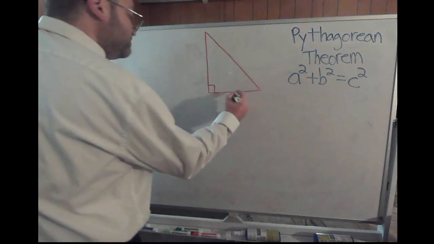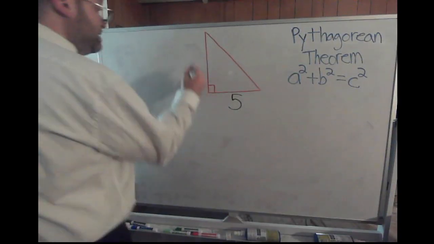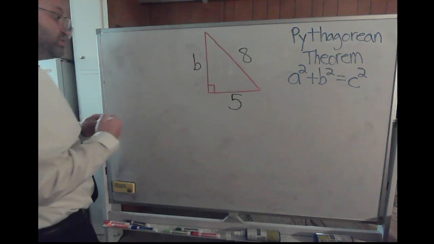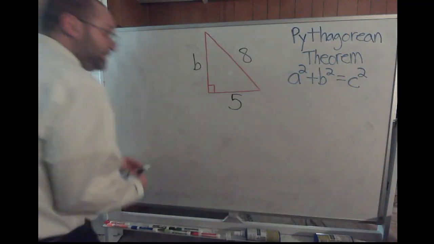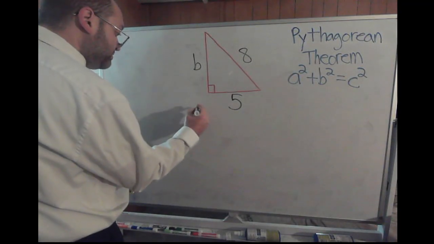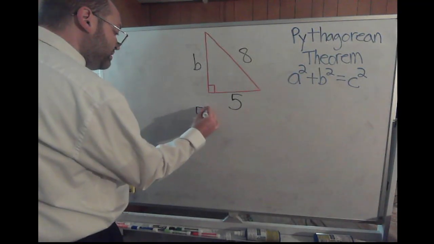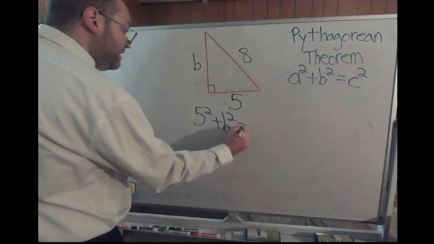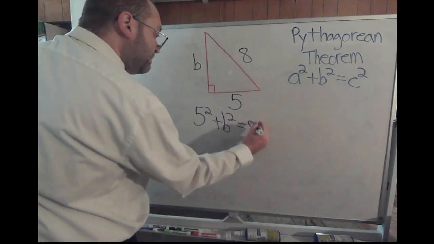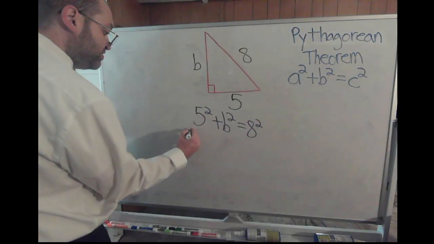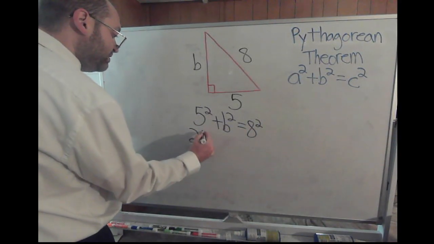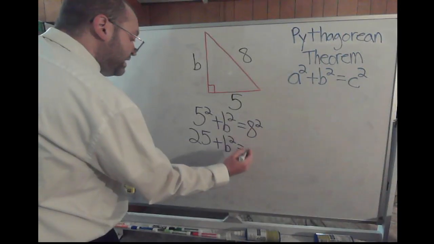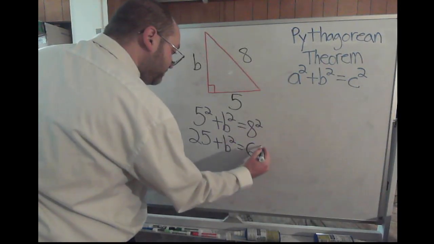Alright, A equals 5. B we don't know, but C equals 8. So we have a triangle with those 3 lengths. Well, you'll still do your 5 squared plus your B squared, that'll equal your 8 squared. Alright, so 5 squared, that's 25, plus your B squared, that would equal 8 squared, which is 64.